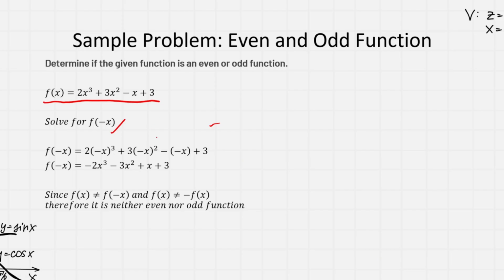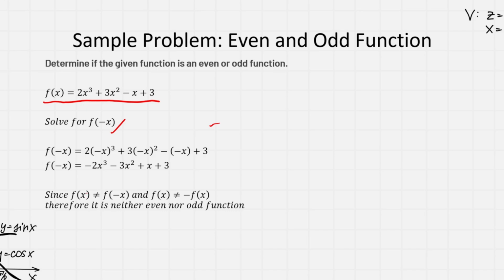So we have 2 times negative x quantity cubed plus 3 times negative x quantity squared minus negative x plus 3. So to simplify, we have negative 2x cubed plus 3x squared plus x plus 3.